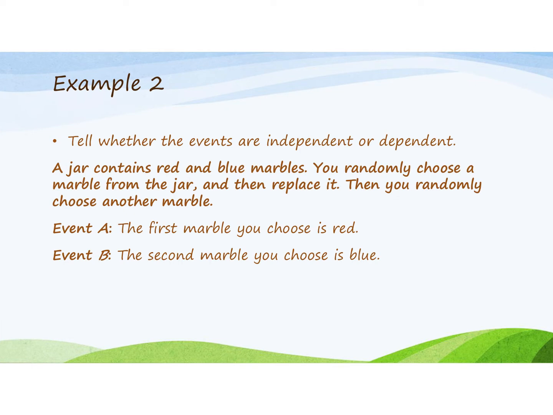Let's try another example, just determining if it's independent or dependent. Here it says, a jar contains red and blue marbles. You randomly choose a marble from the jar and then replace it. Then you randomly choose another marble. Because you've put the marble back in, for your second choice you're back up to the same number of marbles. So this would be an example of an independent event.